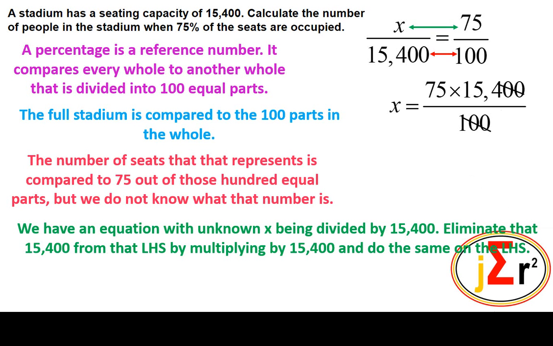We are just being formal, carrying it out right here. Also, simplifying by a common factor of 100 in the good old-fashioned way, we just say 75 multiplied by 154, and that gives us 11,550.